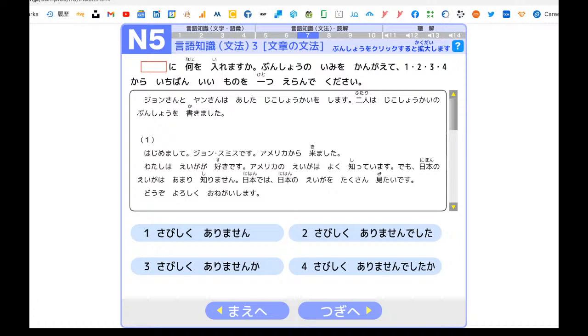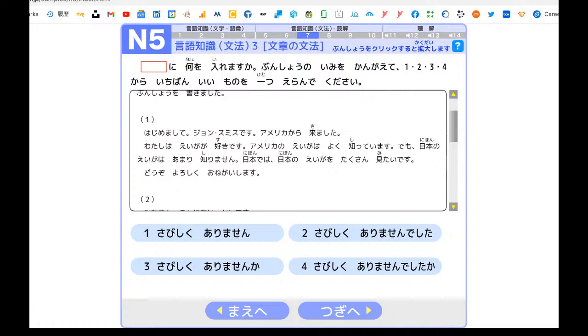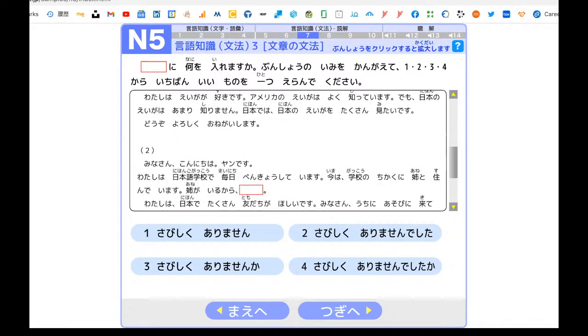Two of them wrote the self-introduction text. So these sentences below should be the self-introduction sentences of John-san and Yan-san. Okay? Then let's take a closer look. But before, I want to see this blank here.